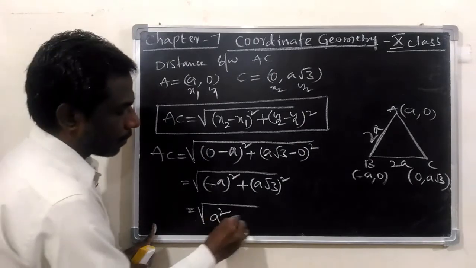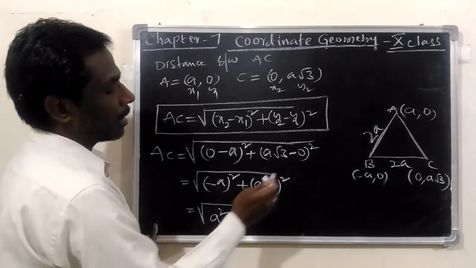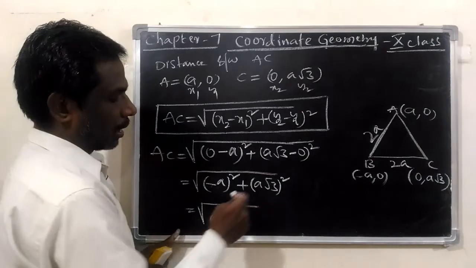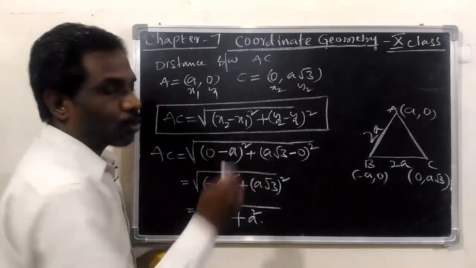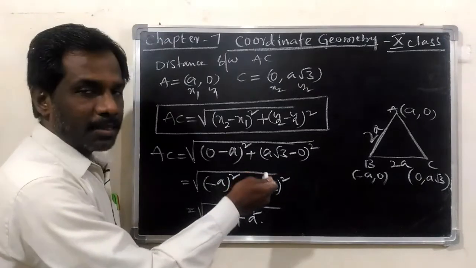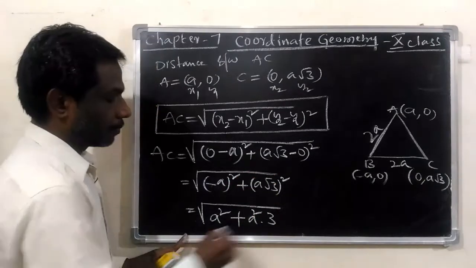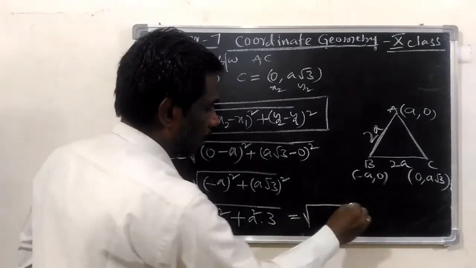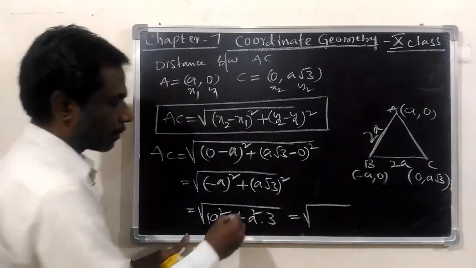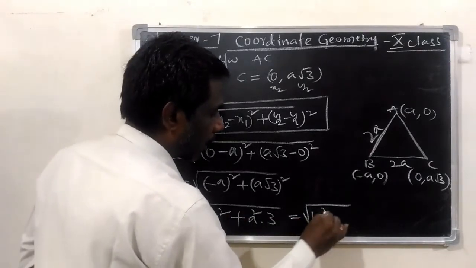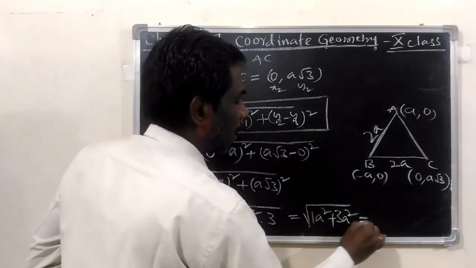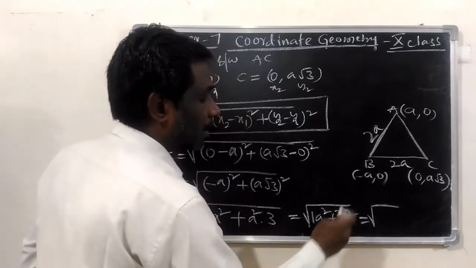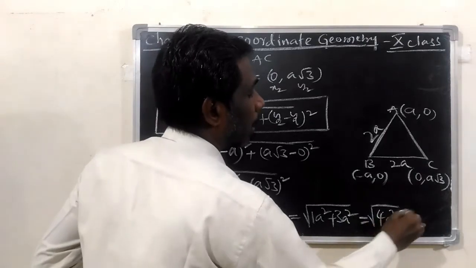A square plus, here the square is separated to a and root 3. So a square into root 3 square: the square and root cancel, 3 remains. It equals under root of 1a square plus a square into 3, which is 3a square. 1a square plus 3a square is 4a square.